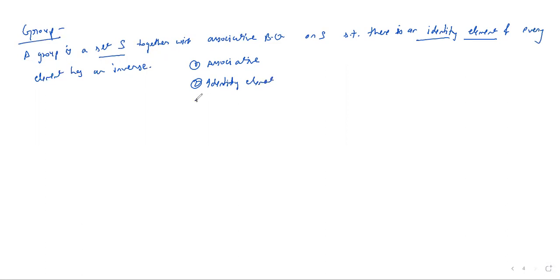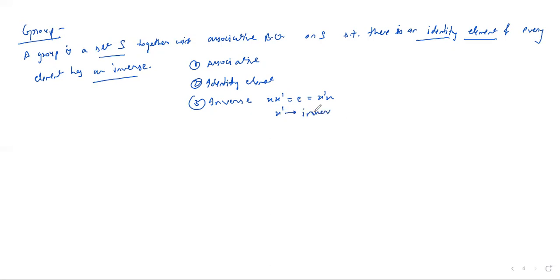And the third thing to notice here is that every element has an inverse and it possesses an inverse. Like let's say x prime x equals e, which equals x x prime. Here x prime is the inverse of x.